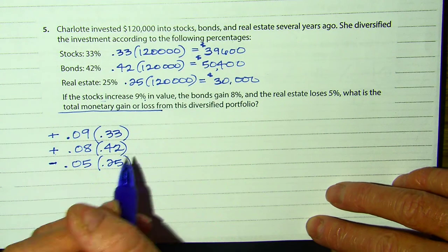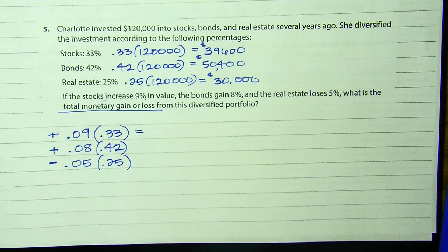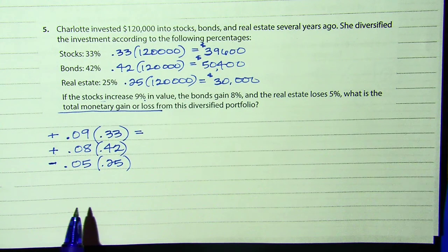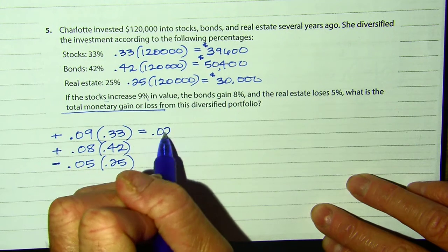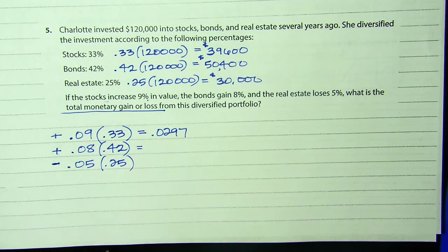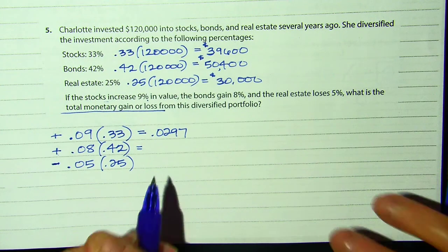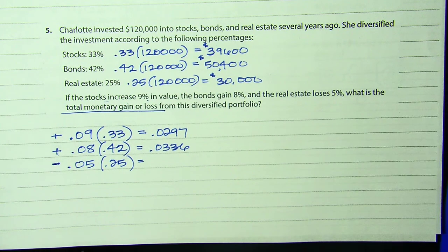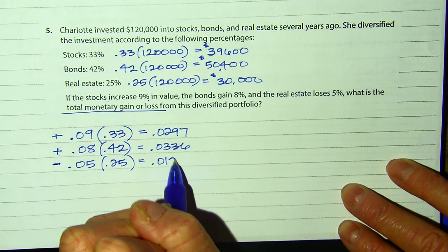So this gives me 0.09 times 0.33. I get 0.0297. 0.08 times 0.42 is 0.0336. And 0.05 times 0.25, I get 0.0125.